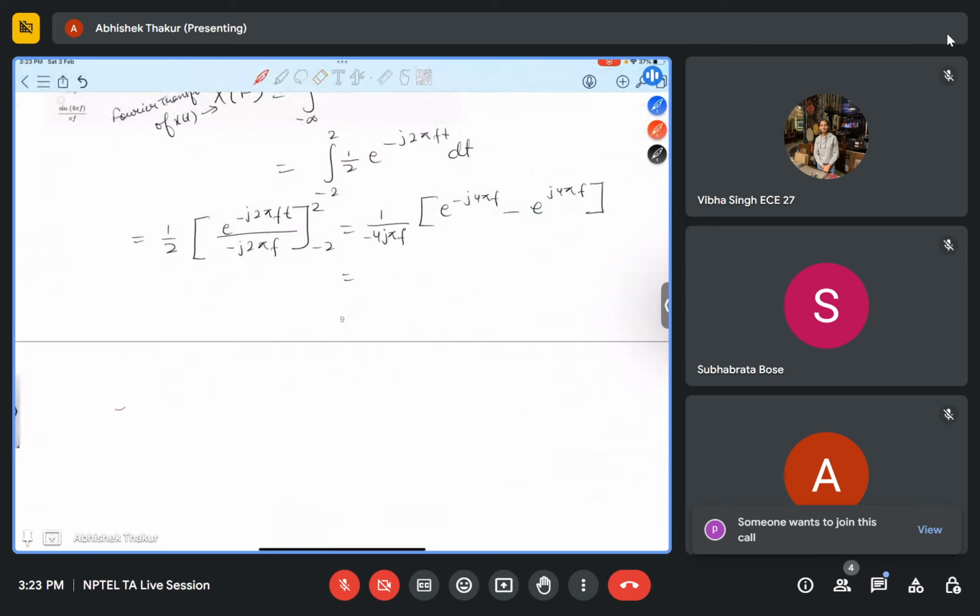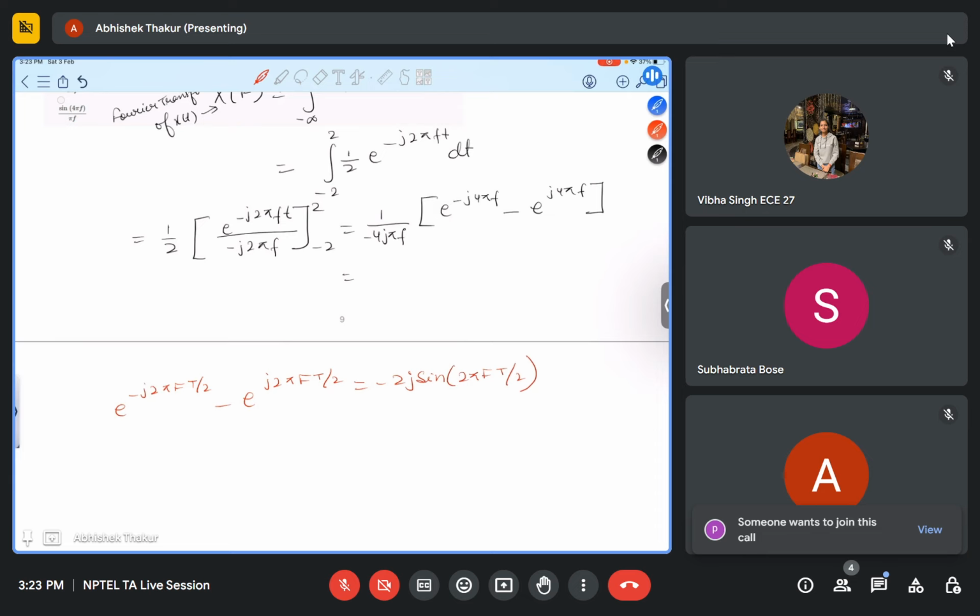We all know that e to the power of minus j 2 pi f t by 2 minus e to the power of j 2 pi f t by 2, this is equal to, or just take the numerator part only. So this value is equal to minus 2j sine 2 pi f t by 2.